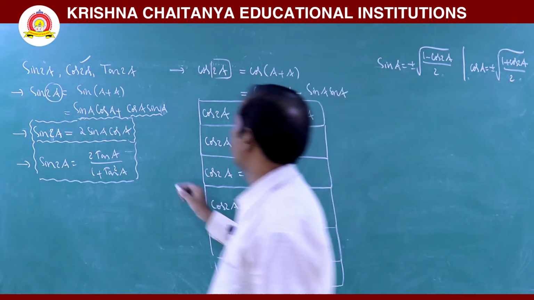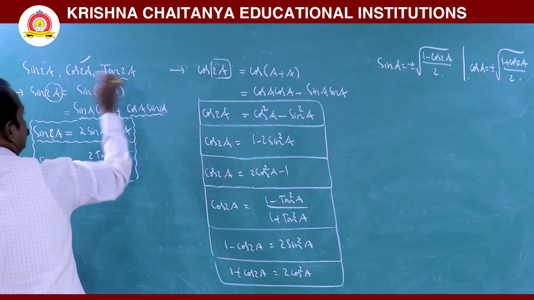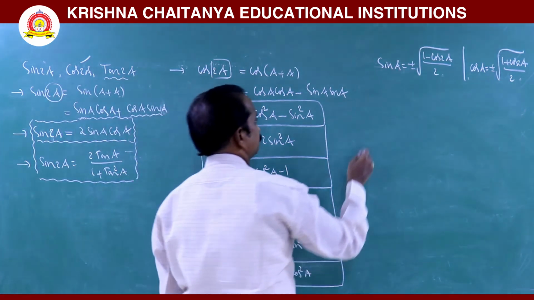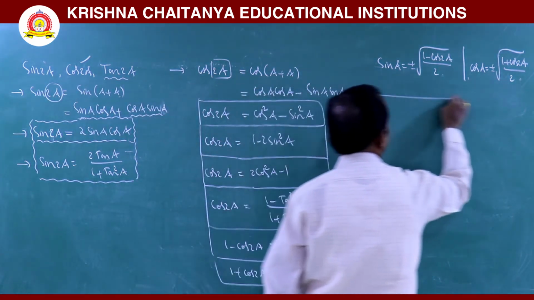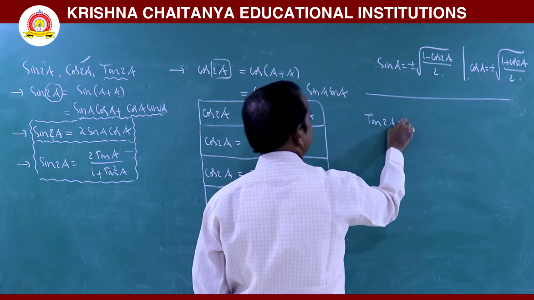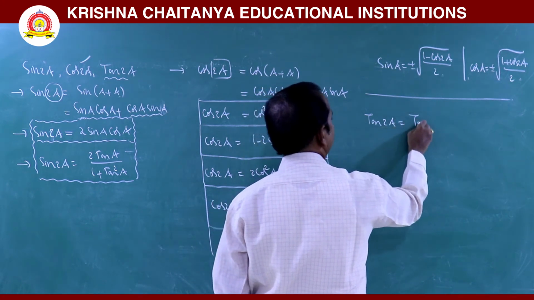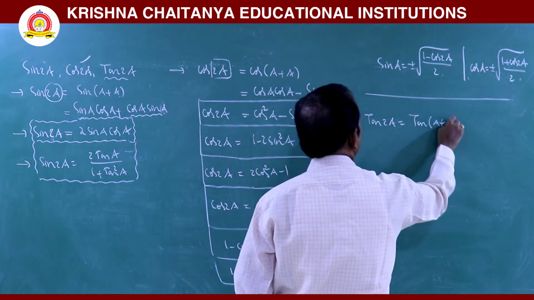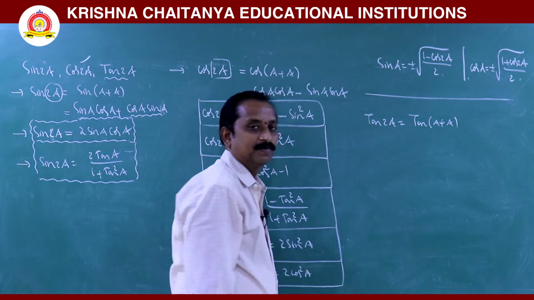And next we can derive tan 2A. So, how to express tan 2A? Tan 2A, we can express this one as tan of A plus A. So, this is in the form tan A plus B model.